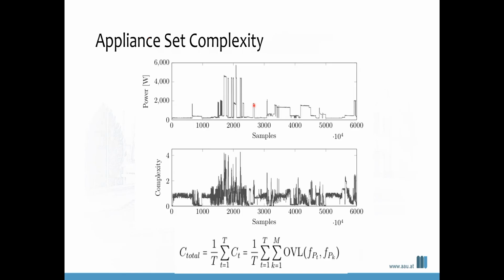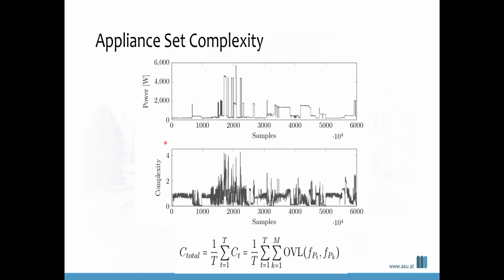So for 0, the complexity would be quite low. But if you have a certain value, then probably complexity is higher. Generally, we would expect that complexity would grow with the overall power consumption, which more or less is the case, but there are also some cases where a certain power consumption is quite unambiguous and can be disaggregated well.